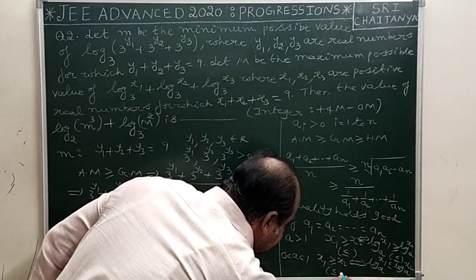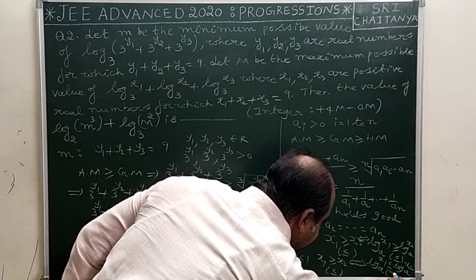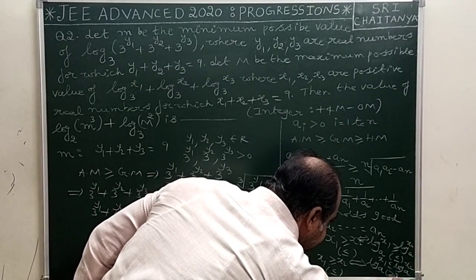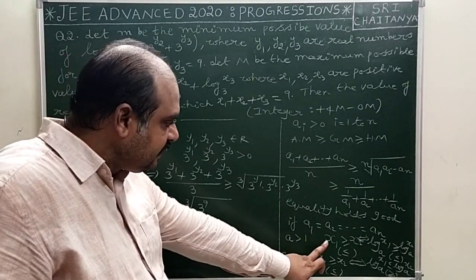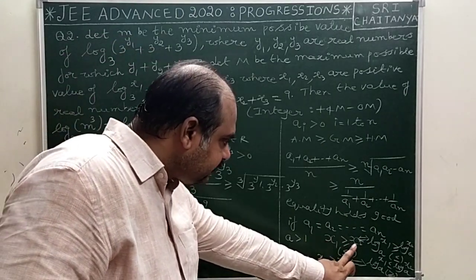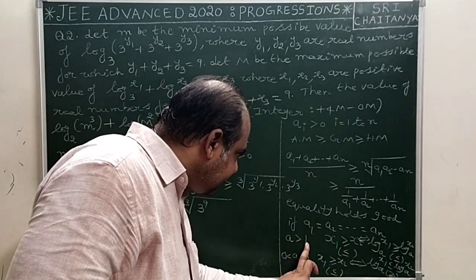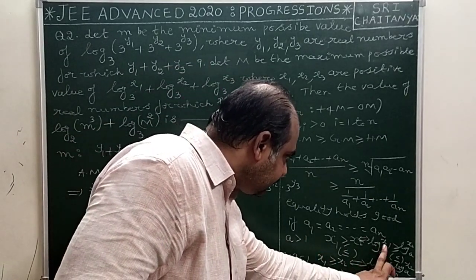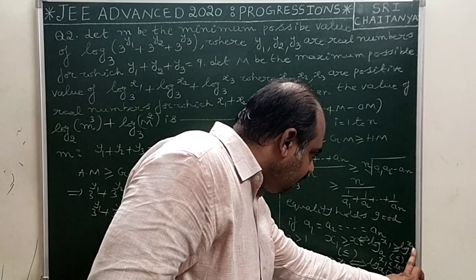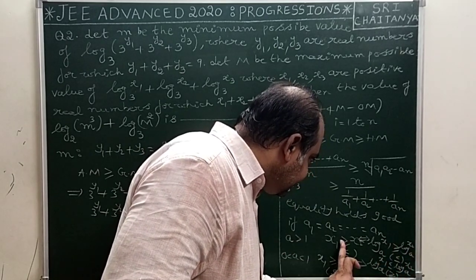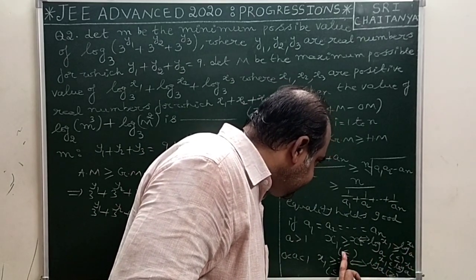Suppose if less than or equal to is there, then you will get greater than or equal to. The simple point you have to remember is, whenever you are applying logarithm, check the base. If the base is greater than 1, then if greater than is there, you write greater than, if less than is there, you write less than.